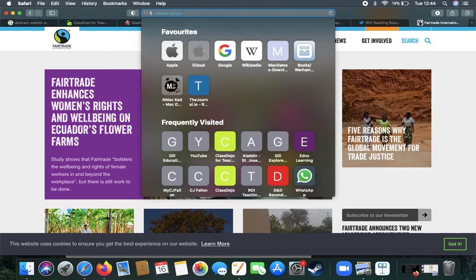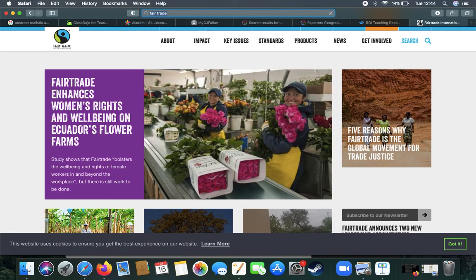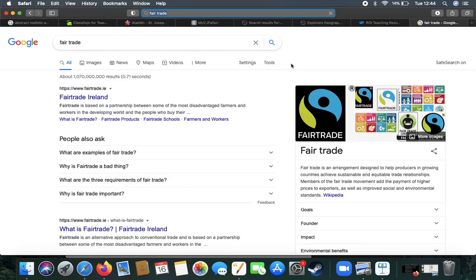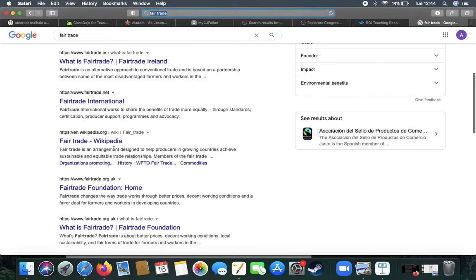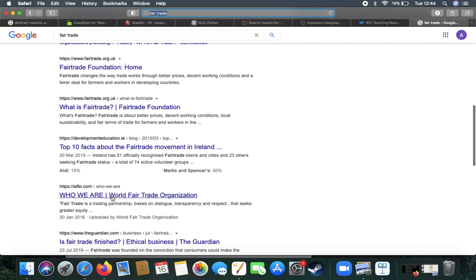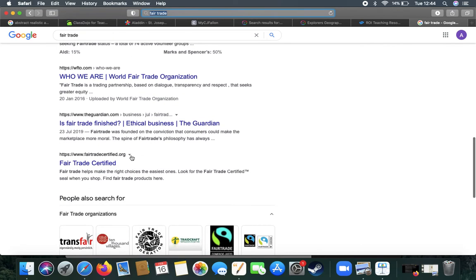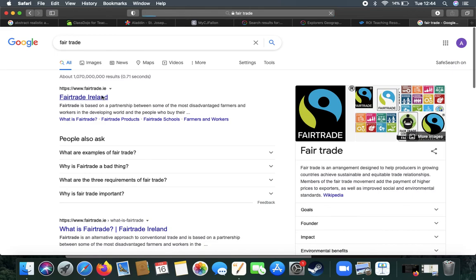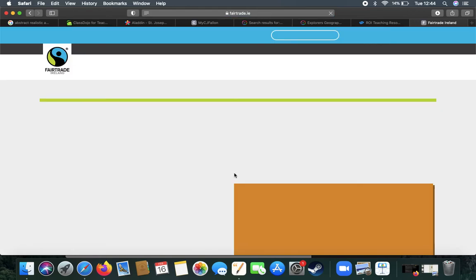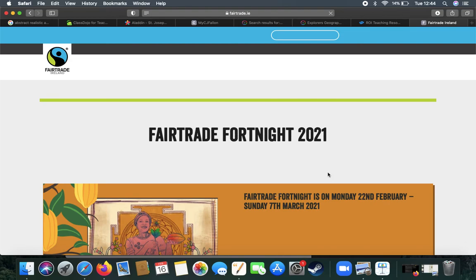I'm just going to look up fair trade on Google or on Safari and see. So there's Fair Trade Ireland. There's Fair Trade UK. Fair Trade Ireland is probably a pretty decent website to go to get all the information you'll need, all the facts you'll need. So there we go.